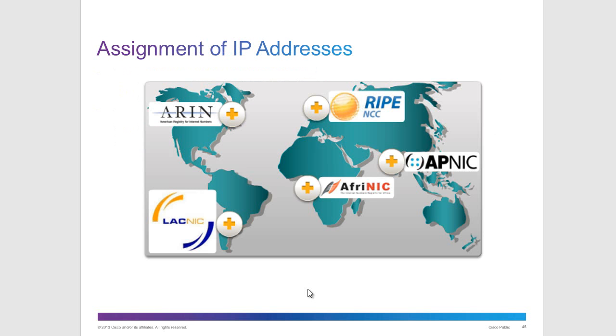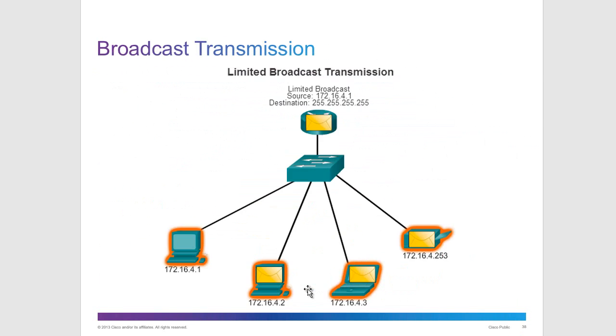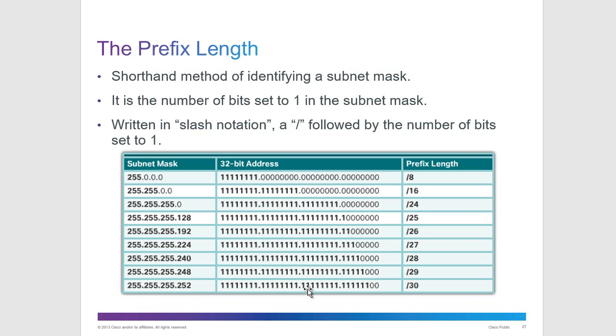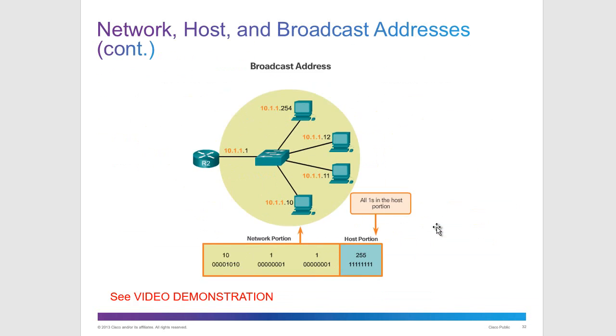That identifies how many bits are network bits, how many bits are host bits, and how many hosts you can have on a network. It's just a much better, less wasteful process than using that classful legacy that we saw.